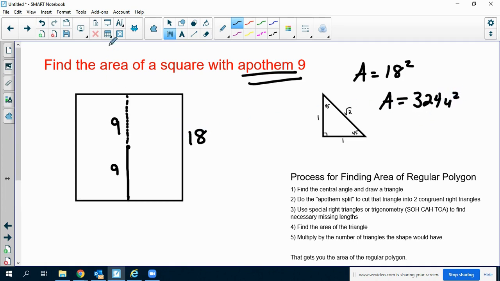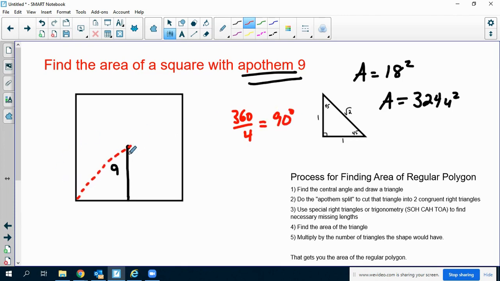Done. Now let's say I forget that that's a rule. I can still do this problem. I can use the process for finding the area of a regular polygon. The central angle of a square would be 360 divided by the number of sides, so that's 90 degrees.